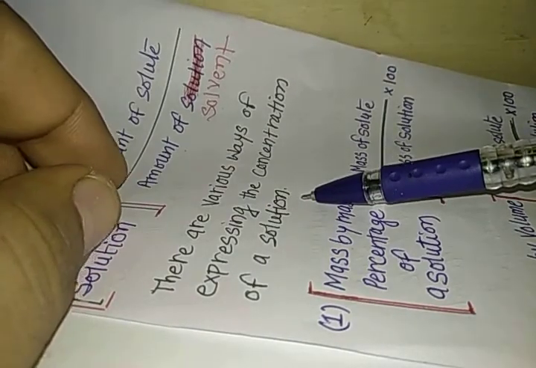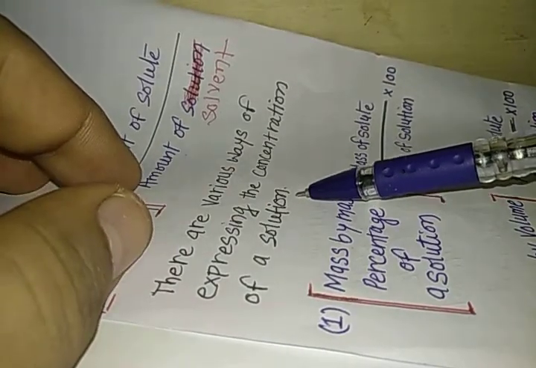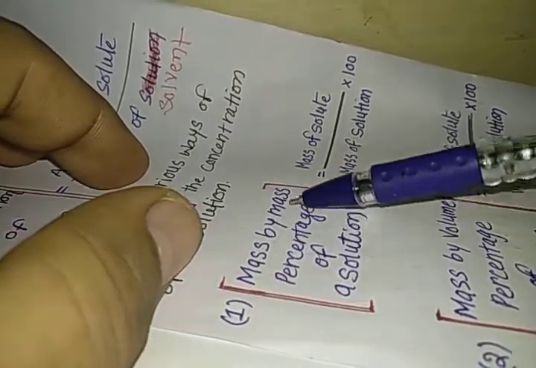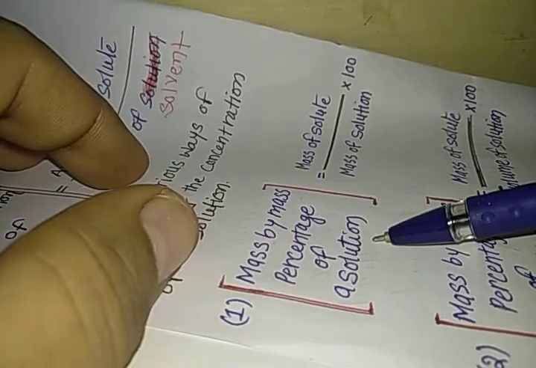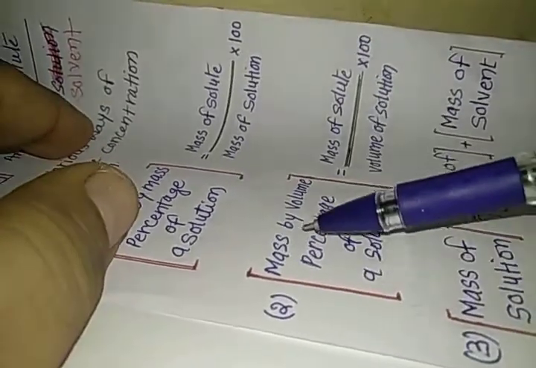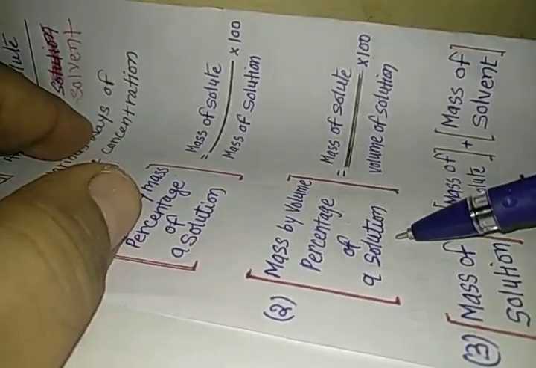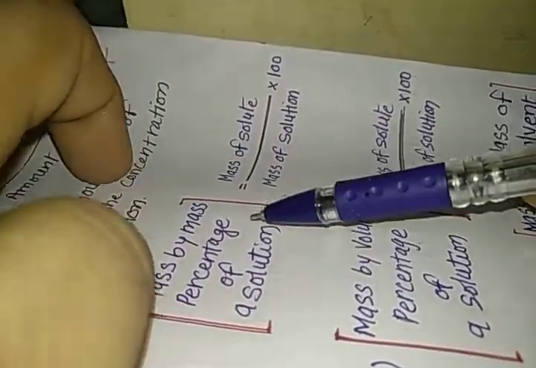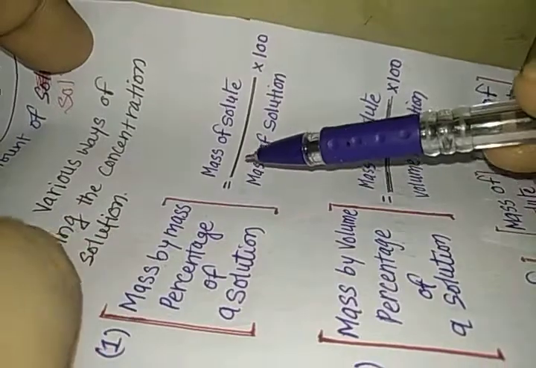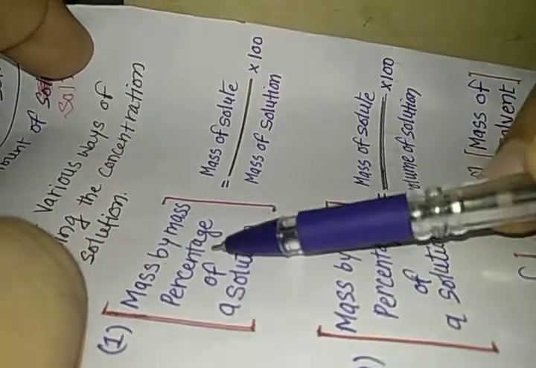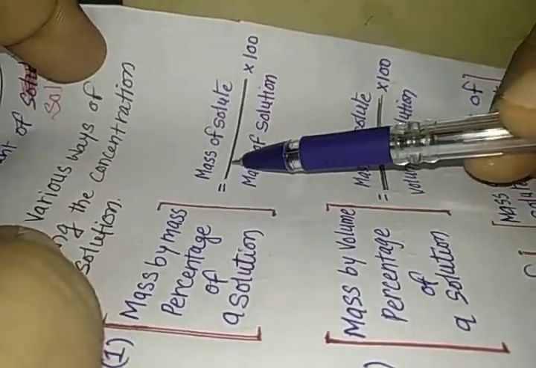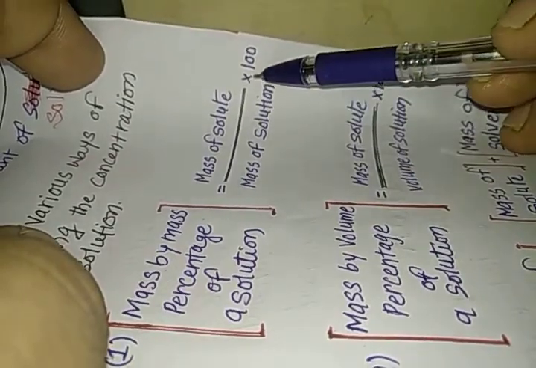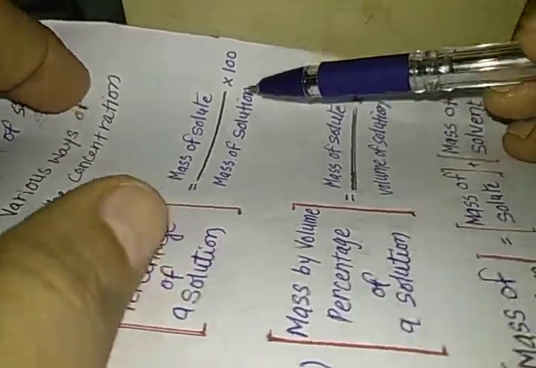There are various ways of expressing concentration of solution. We can express the concentration of solution in two ways. The first way is mass by mass percentage of a solution. The second way is mass by volume percentage of solution. Mass by mass percentage of solution is equal to mass of solute divided by mass of solution multiplied by 100.